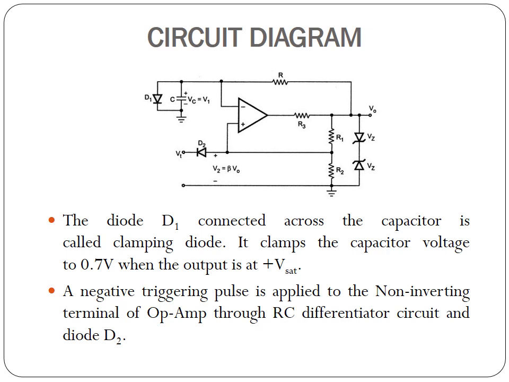Let us assume for the above circuit, the stable state is positive saturation voltage. So diode D1 is forward biased and voltage across it is 0.7 volt. Thus the voltage across the capacitor, that is the voltage at the inverting terminal, is 0.7 volt.